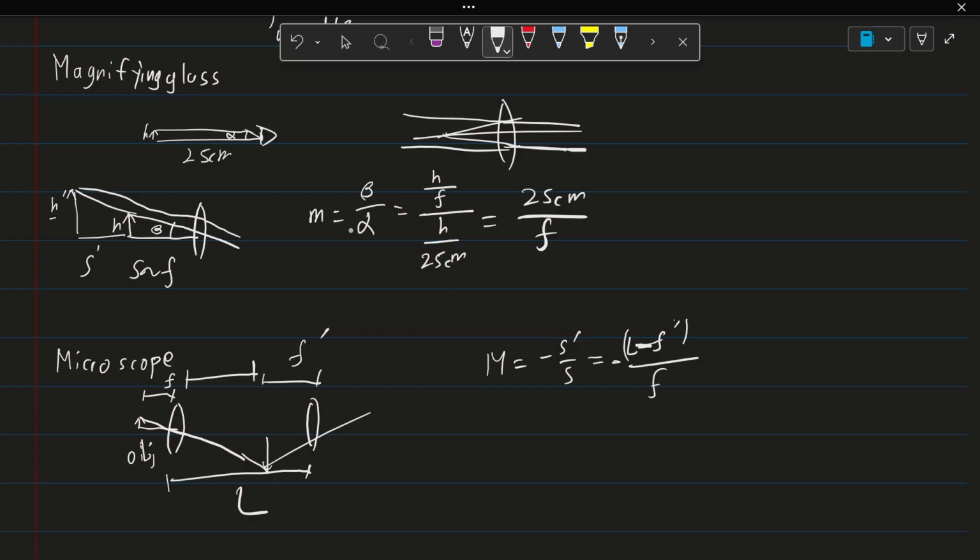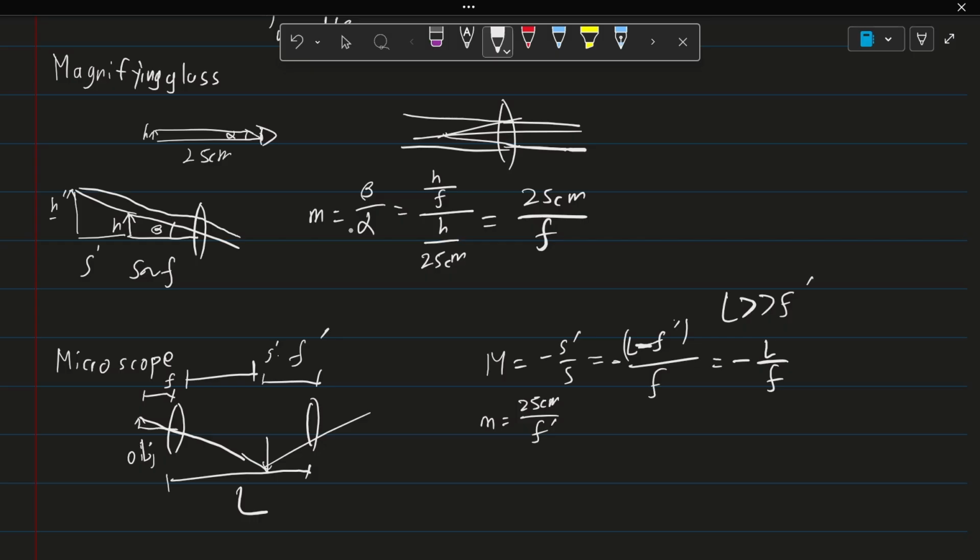And so if you have the length L far greater than the eyepiece f prime, this would be as if it's L over f. So this is the magnification of the objective lens. But if you put in the eyepiece to make the image much bigger, the magnification is going to be 25 centimeters over this f prime.